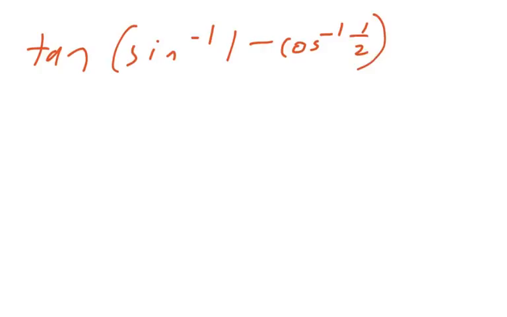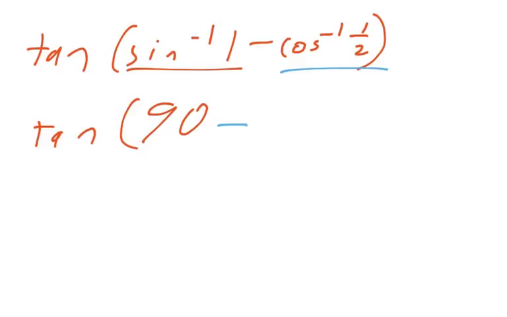And then the last one, problem number 8, tangent of sine inverse of 1 minus cosine inverse of 1/2. When I put this in the calculator, the inverse sine of 1 is 90. The inverse cosine of 1/2 is 60, which means I'm stuck with the tangent of 30.